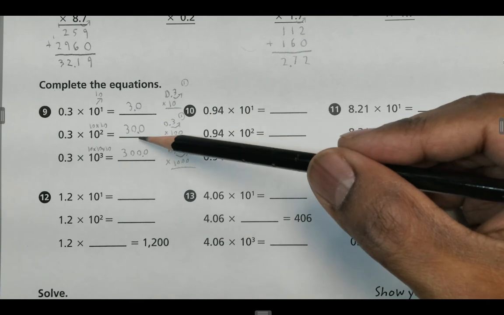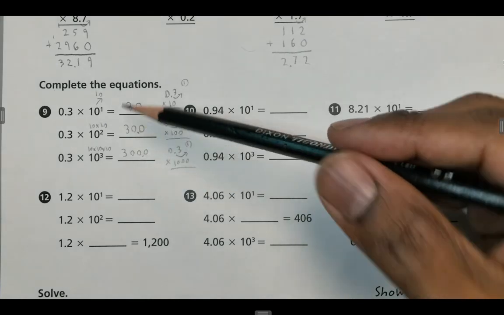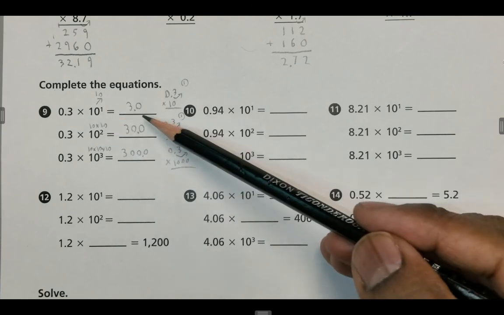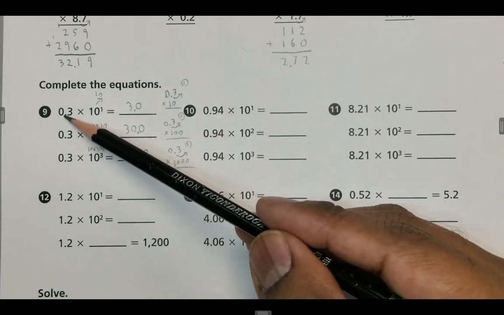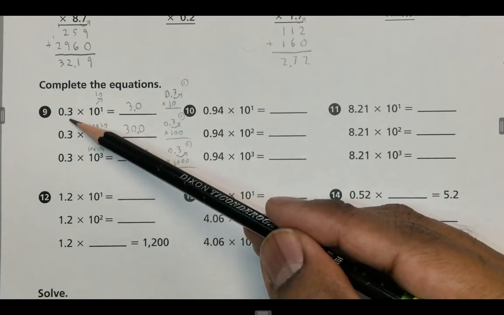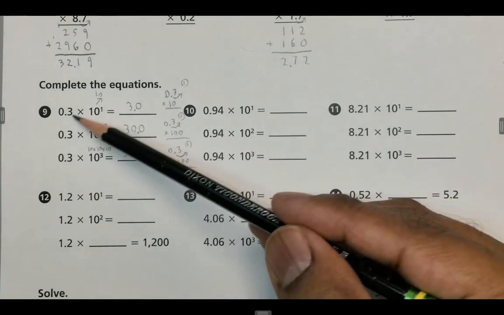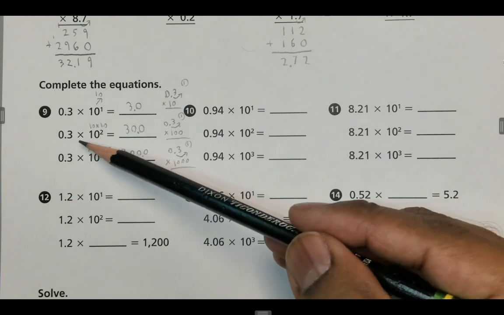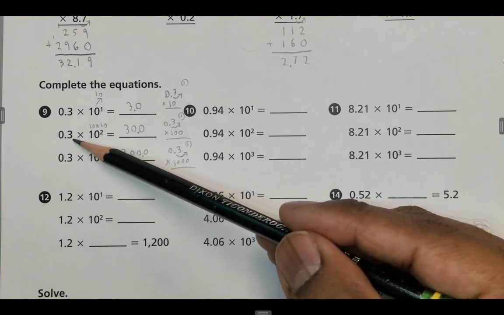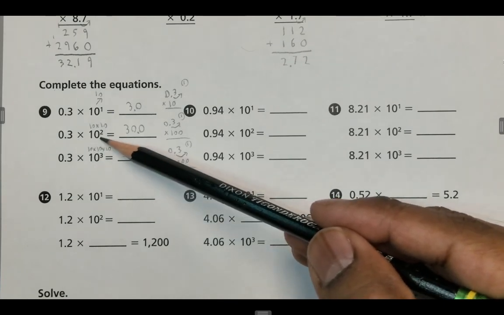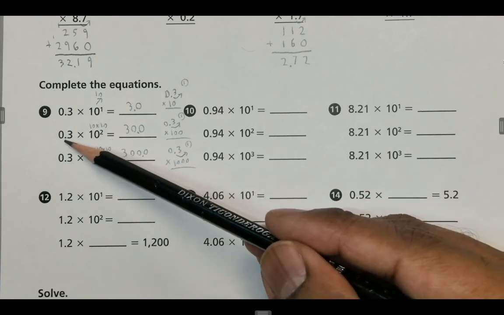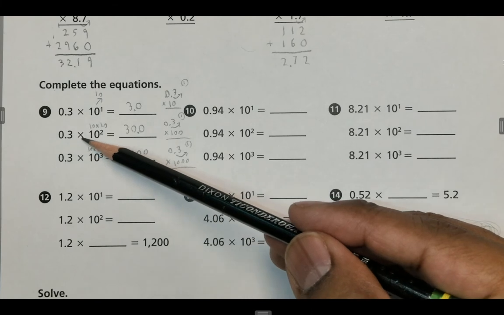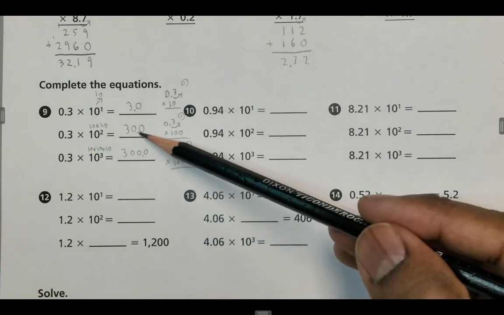Look at the pattern. When I started with 3/10 and multiplied it by 10, my decimal point shifted one place to the right. 3/10 became 3. When I took 3/10 and multiplied it by 100, my decimal point shifted two places to the right to get 30.